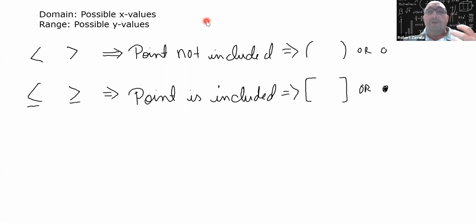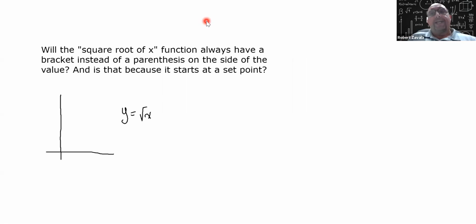Let me share some questions with you that I get, and I'll try to elaborate further. One of the questions that I received is, will the square root of x always have a bracket instead of parentheses on the side of the value? Well, I'm going to graph this for you so that you can see that we have a graph that looks something like this.